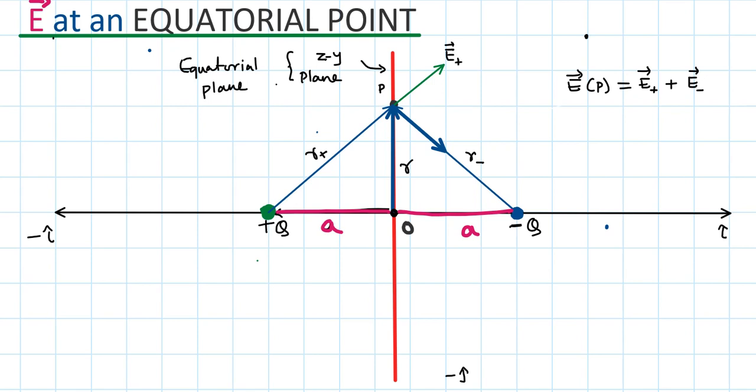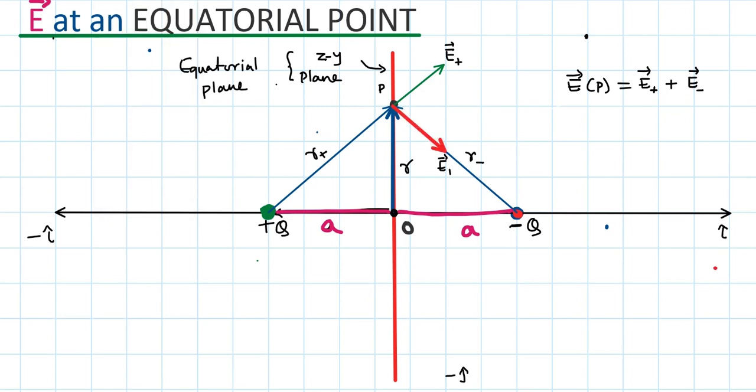One is vector E plus and the other one is vector E minus. Okay, very good. So we have two different vectors. Let me label the charge minus Q using red and also label the corresponding vector red.